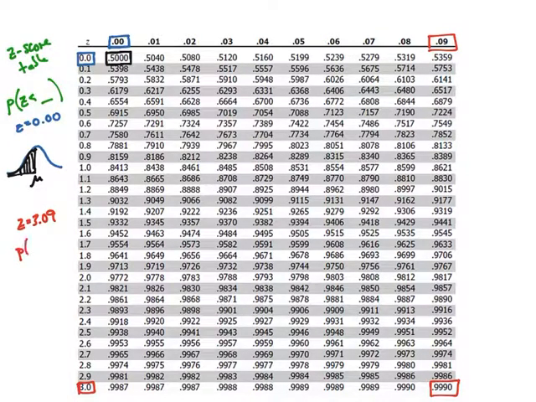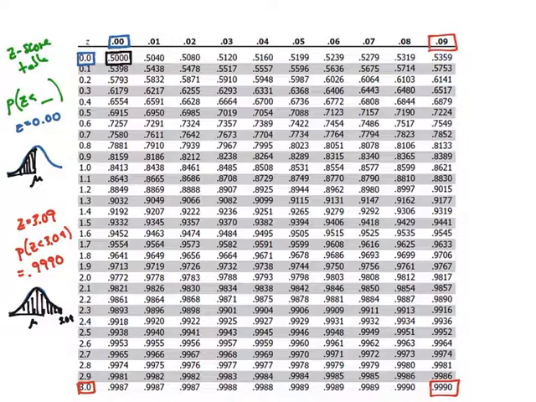The probability that z is less than 3.09 is going to be 0.9990. And that should make sense because the z-score tells us how many standard deviations away from the mean we are. So 3.09 is way out here. And if you think about the area less than that value, that is almost everything, almost 100%.